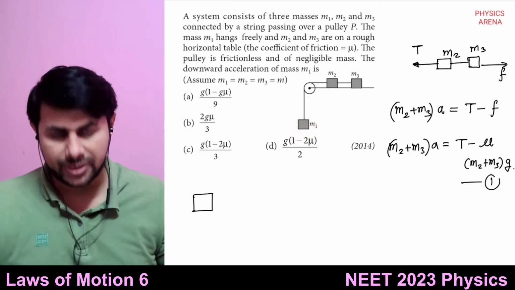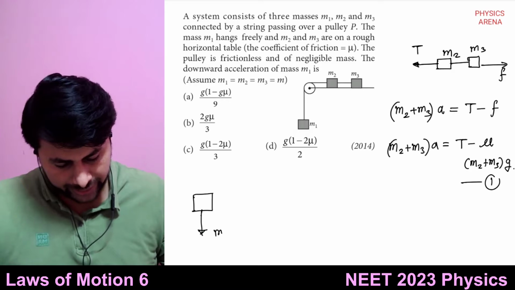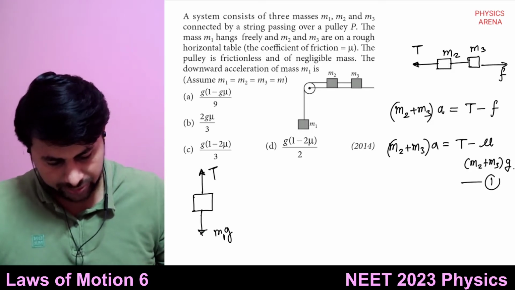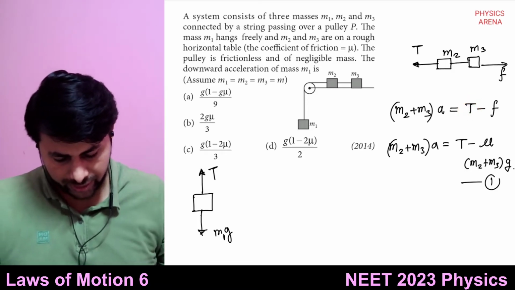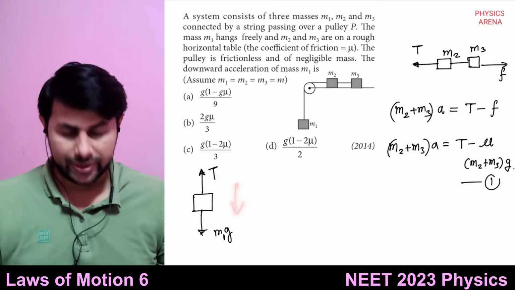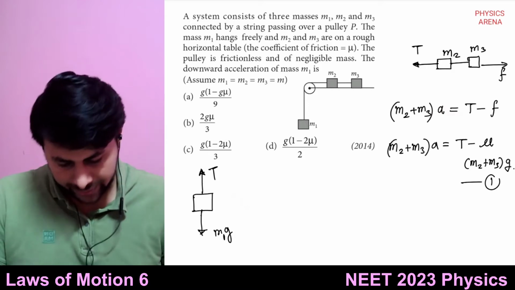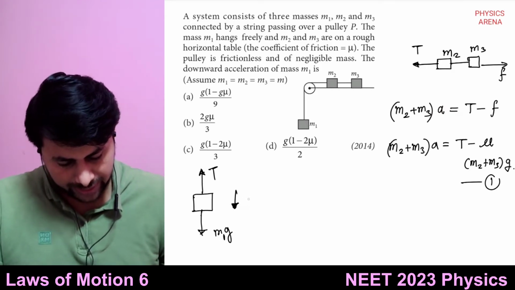What are the forces acting on m1? There is the gravitational force m1 times g, and there is the tension in the string, which will be equal to this tension. It accelerates downwards, and that acceleration will be the same as this acceleration A, because the whole system is connected.